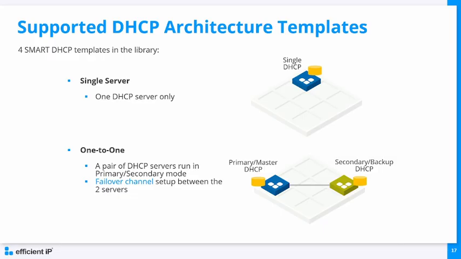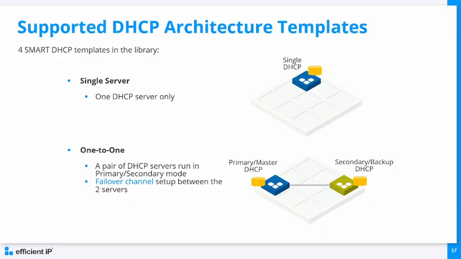They detect each other's heartbeat. When there's no heartbeat, they will know the primary is down or the secondary is down. So that is the failover channel. The smart architecture will automatically set it up for you.